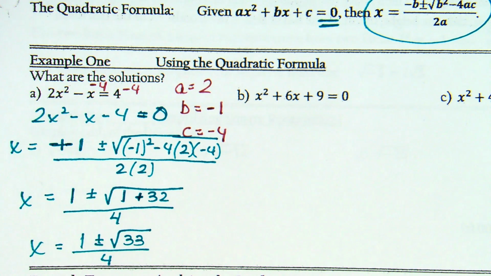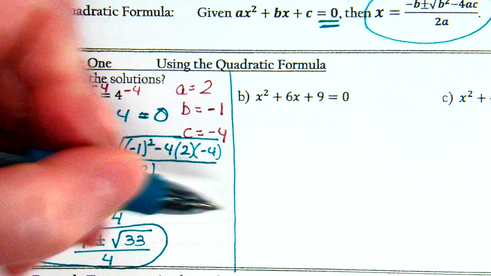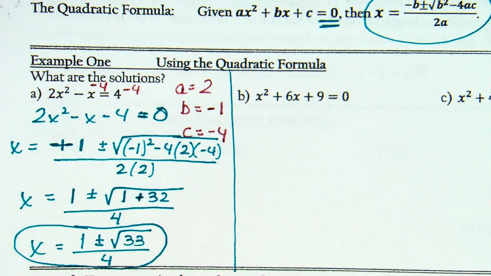Do we agree? Because one of my answers is 1 plus radical 33 divided by 4, and the other answer is 1 minus radical 33 divided by 4. So, quadratic formula, you don't get pretty answers. Not usually, at least. If you get a pretty answer, it probably means we actually could have factored.